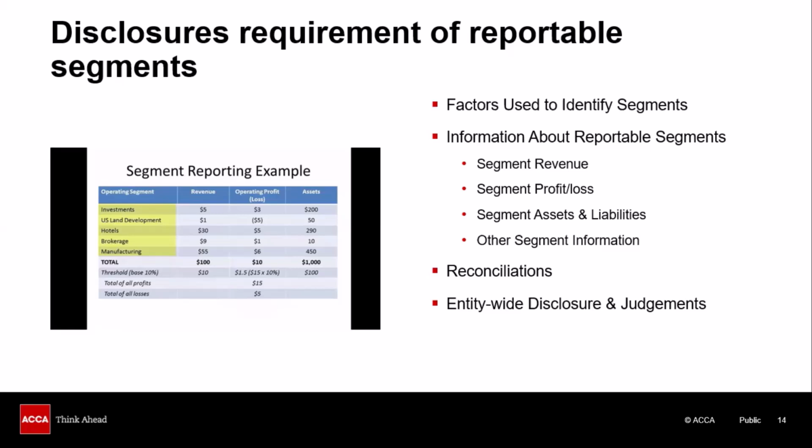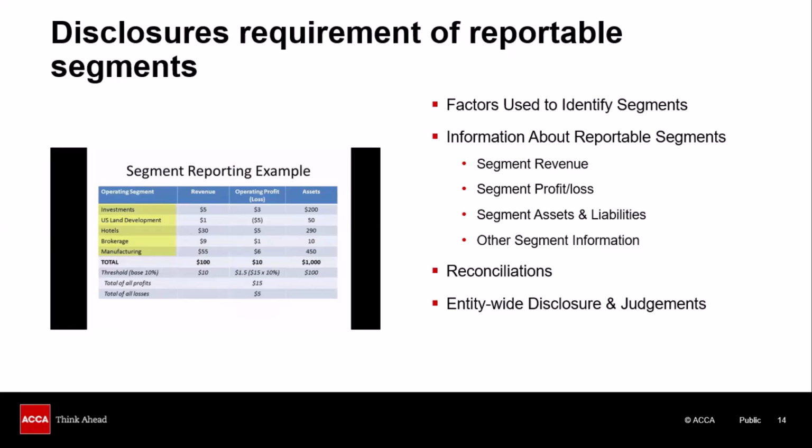And it's a component of a business whose operating results are regularly reviewed, keyword regularly reviewed, by who? The chief operating decision maker, which is a function. And they want to make decisions about allocating resources and performance appraisal. Then we said it must provide discrete information.